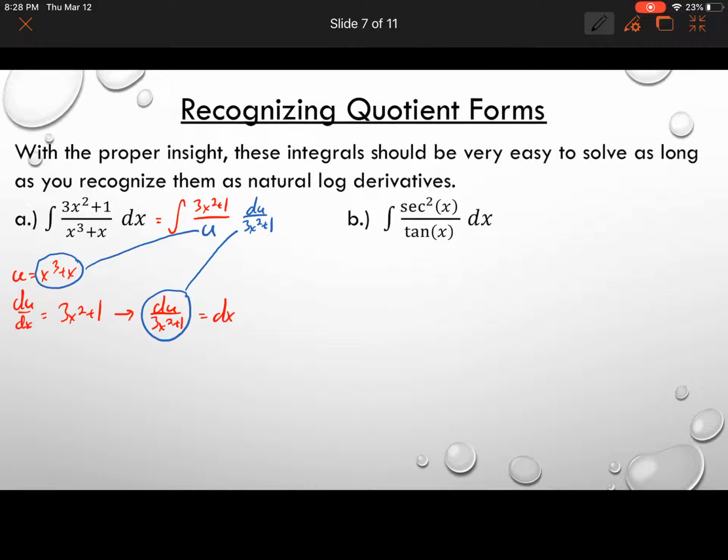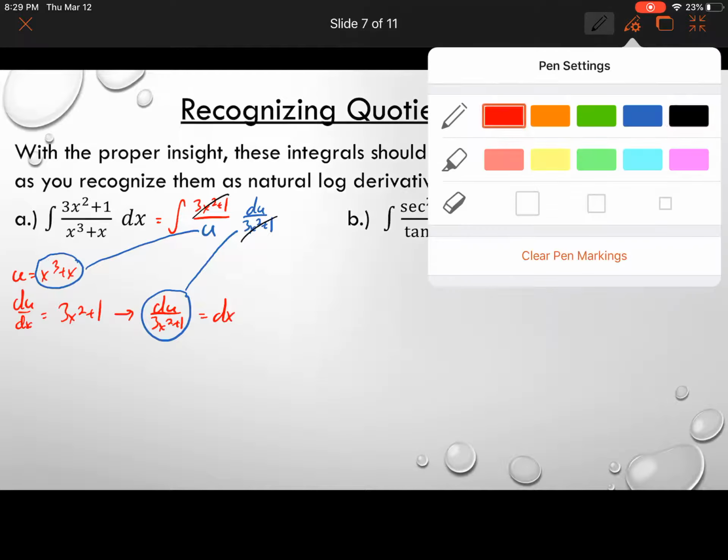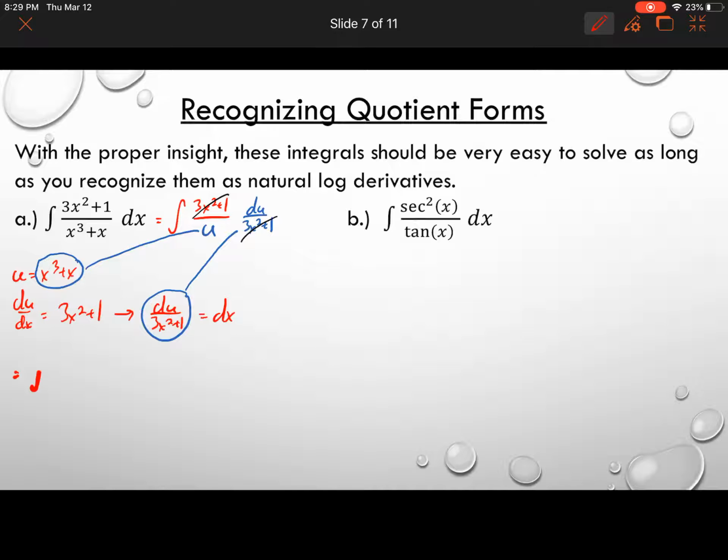So at this point, hopefully you can see that there will be some cancellation. The 3x squared plus 1 cancels out. And now all we're left with is the integral of du over u, which we can easily rewrite as the integral of 1 over u du.